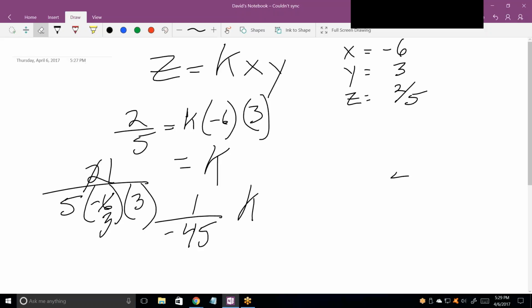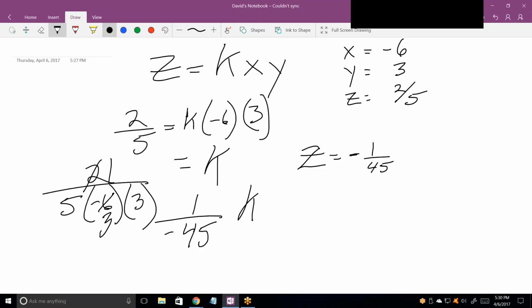Okay? So, what's the specific equation for this model now? Z equals... k, or I'm sorry, my goodness, 1 over -45 xy. Put the negative sign out front. I actually like that better. Okay, it does mean the same thing.